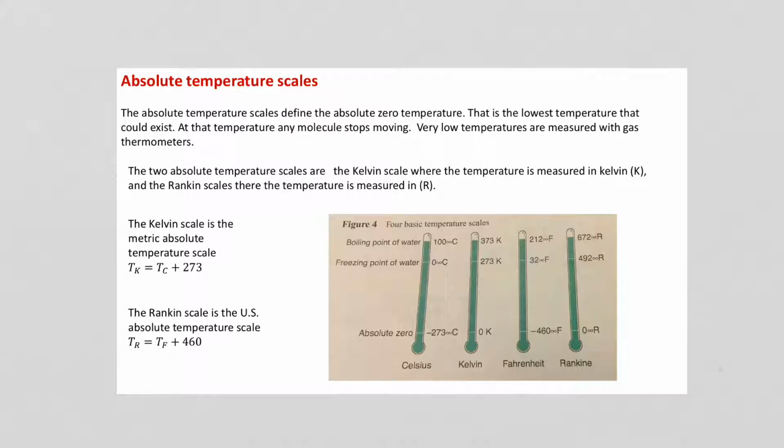There is an absolute temperature scale that is matched with the Fahrenheit scale, and that is known as the Rankine scale. On that scale, the absolute zero corresponds to negative 459.67 Fahrenheit.